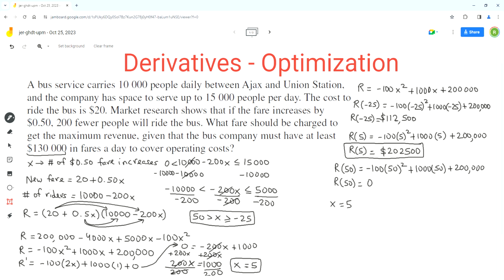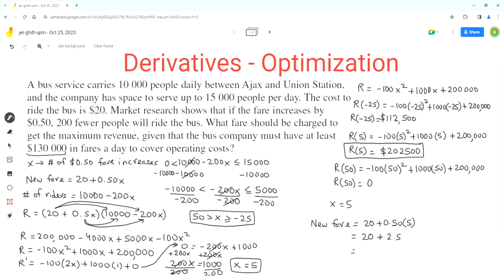Now we have to find the fare that the company should charge. So the expression for the new fare is 20 plus 0.50 times 5. And this can be simplified to 20 plus, so 0.5 times 5 is 2.5.